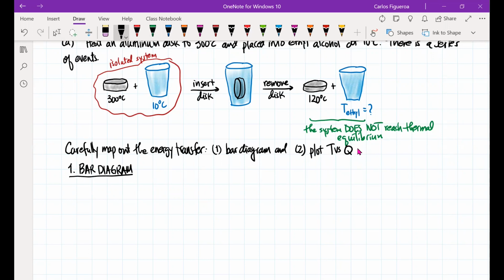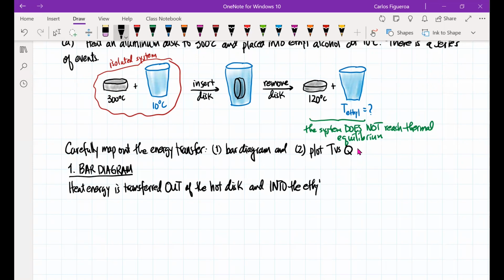So what do we know here? We know that heat energy is transferred out of the hot disk and into the ethyl alcohol.